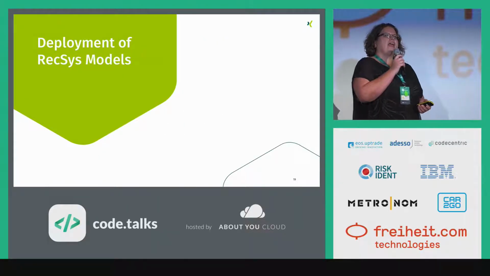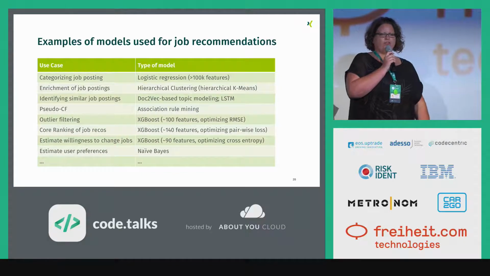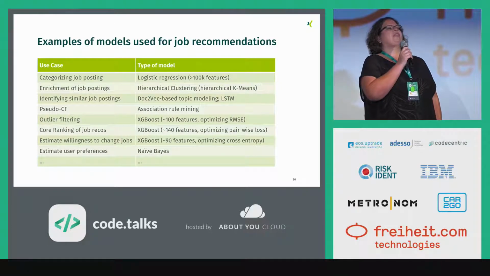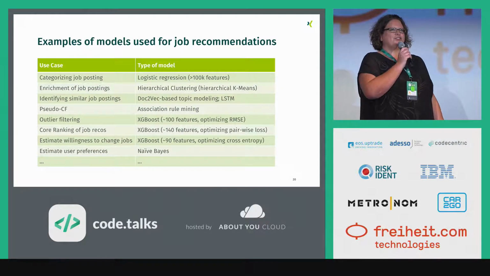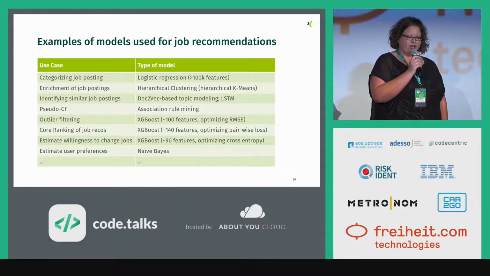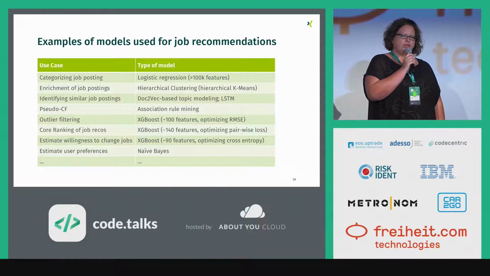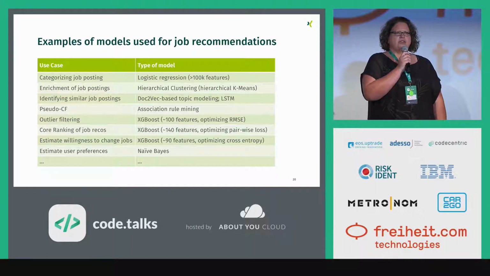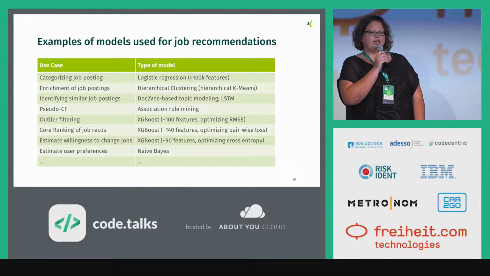Okay, and now we go to the deployment of recommender system models. We do a lot of stuff in the background and in offline calculation, for example when the job postings come in. We crawl some job postings from the internet, but we also have paid postings on our side. We categorize them.